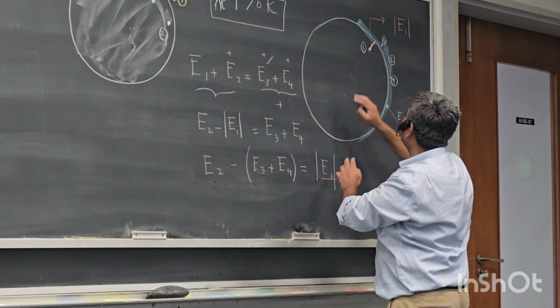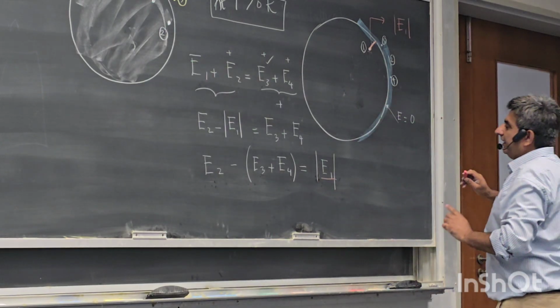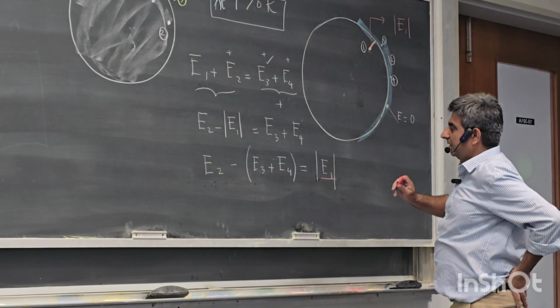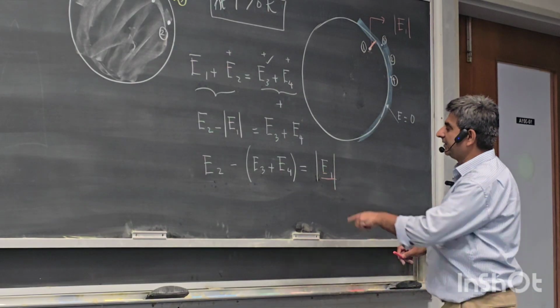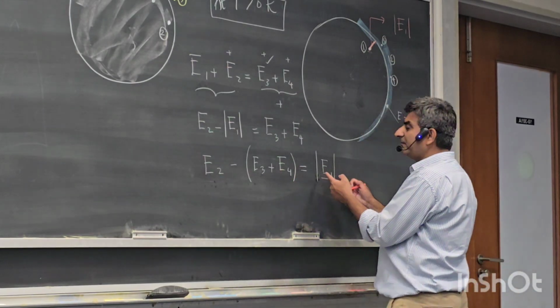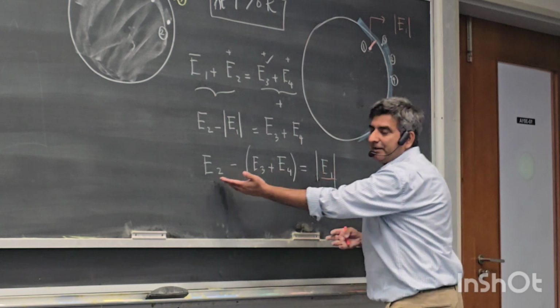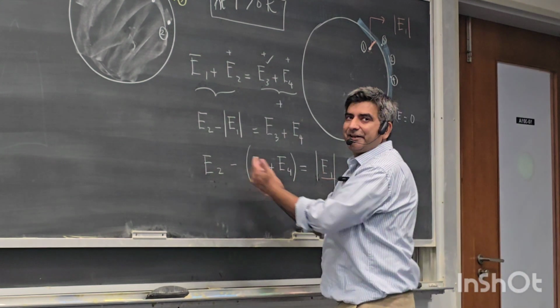So this E1 has to be within a narrow band. In other words, if I were to put E3 and E4 as 0, this E1 has to be the maximum value E1 can take. What's the maximum value E1 can take? E2. But it's generally smaller than E2.